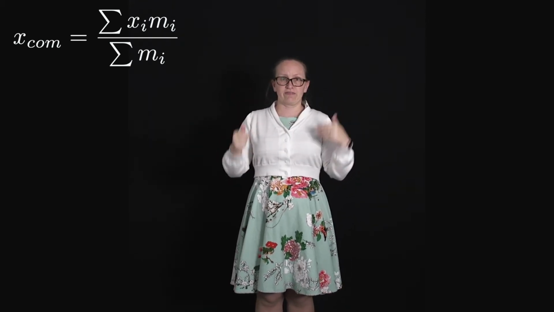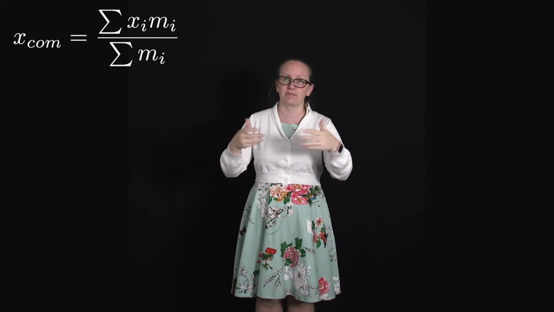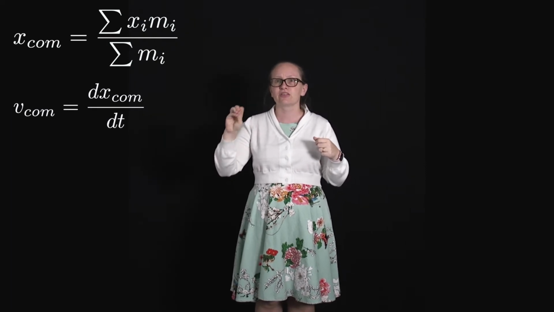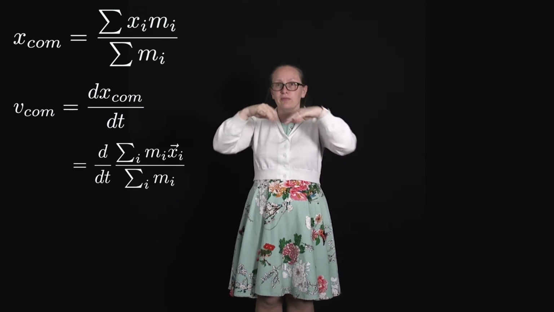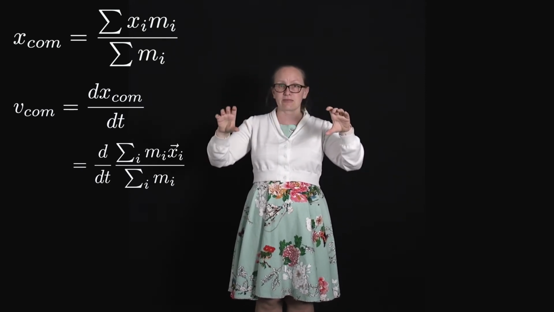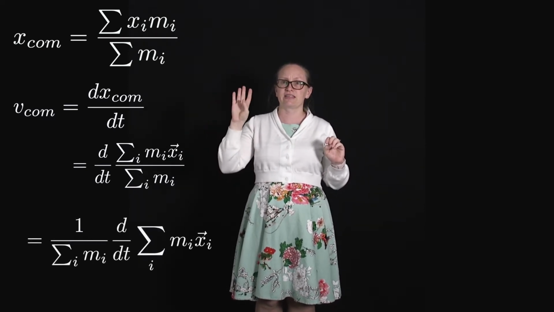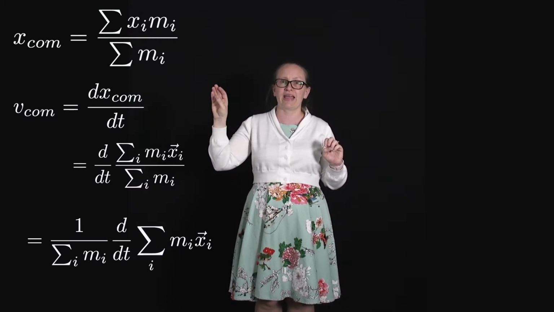So we can calculate from this location of the center of mass the speed of the center of mass. The speed of the center of mass is just the derivative of the displacement of the center of mass. So v for the center of mass is just dx center of mass/dt. Differentiating, the term on the bottom doesn't change because the mass of the system isn't changing, so that's just constant. So we have 1 divided by the sum of all the mi's, which we can pull out the front, and then we need to take the derivative with respect to time, so d/dt of the sum of mi xi.